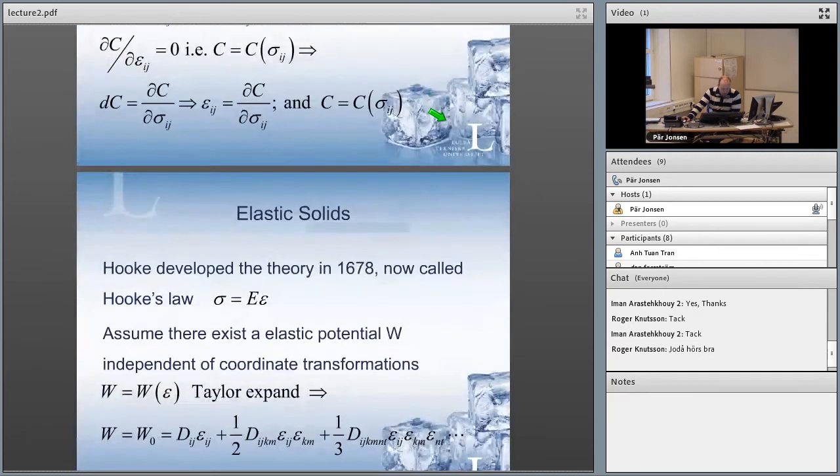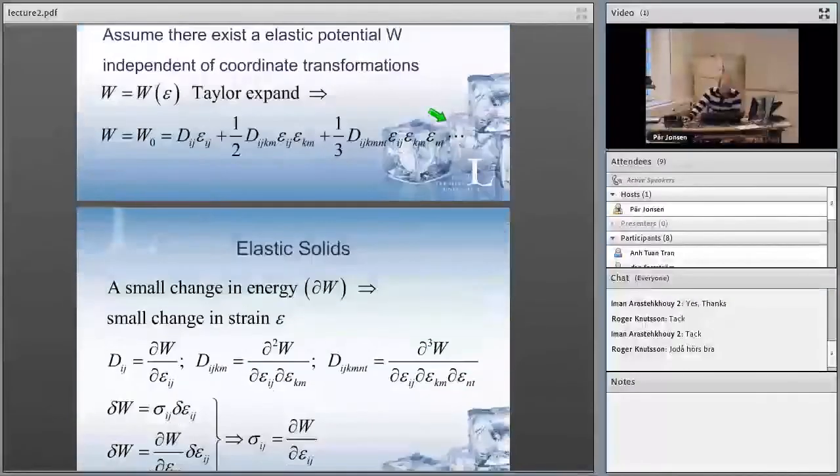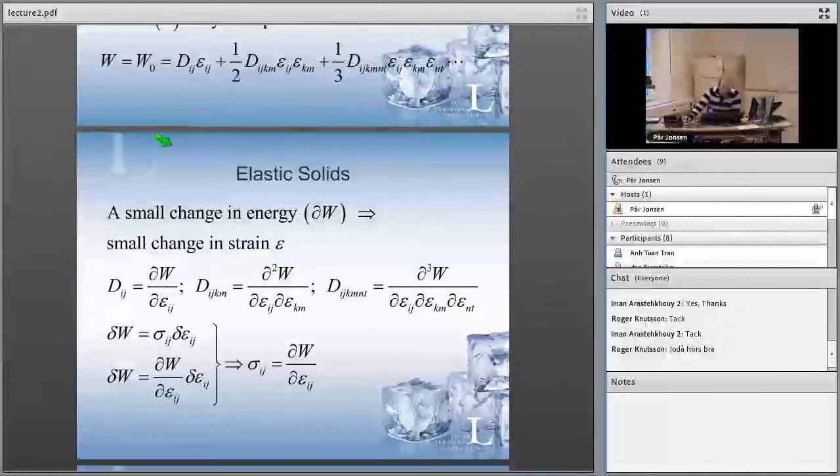So if we just take a small change in the energy of the system like this, we keep that one constant and change this one, so we have a small change in the energy. And also from how we developed the strain energy, we know that this criterion is valid, and we make a small change in that system, delta epsilon. You can see if this should be valid, this must be true.